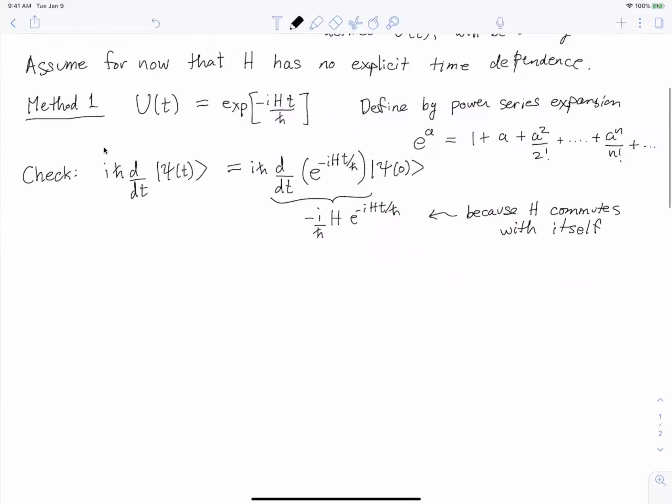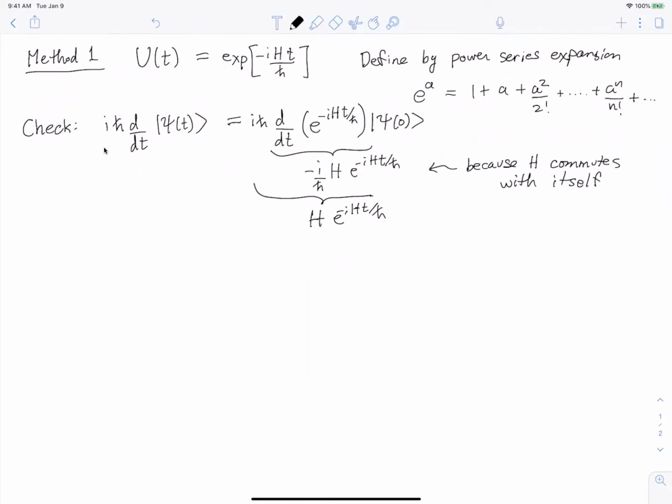Okay, and now the i h bar and the minus i over h bar just cancel. This whole thing becomes H times e to the minus i H t over h bar.